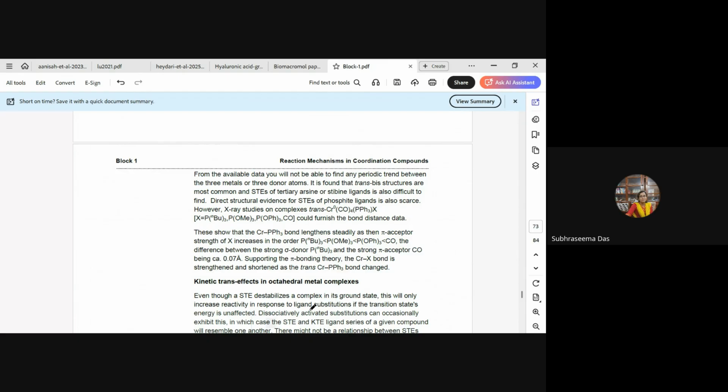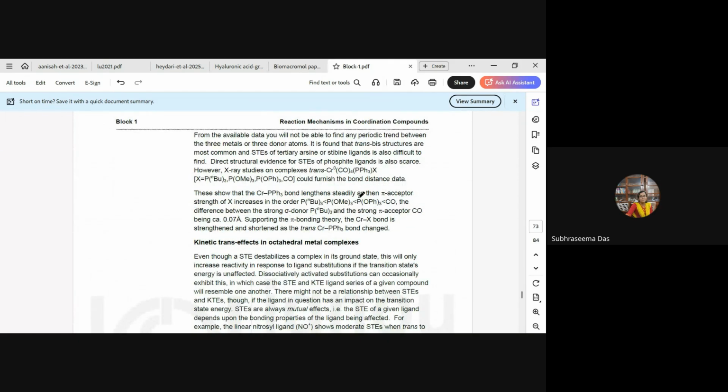But there are certain XRD, that is X-ray crystallographic data, which show some of the bond angles or bond lengths of certain trans chromium complexes. The data has shown that the chromium-PPh3 bond lengthens steadily as the pi acceptor strength increases, the difference between the strong sigma donor and the strong pi acceptor being 0.07 angstrom.